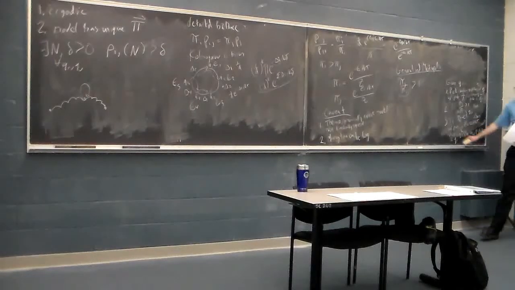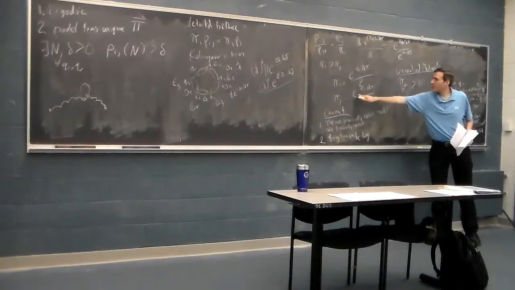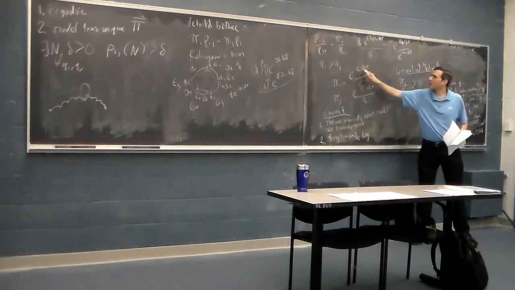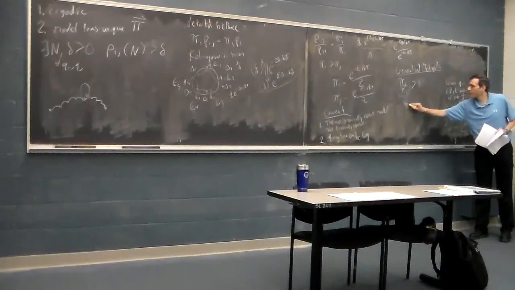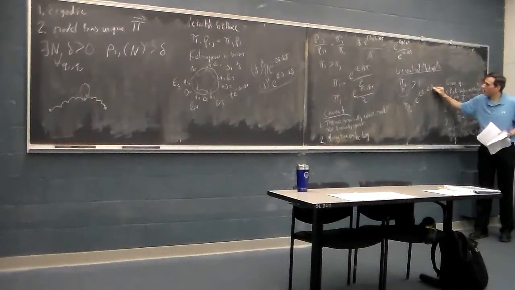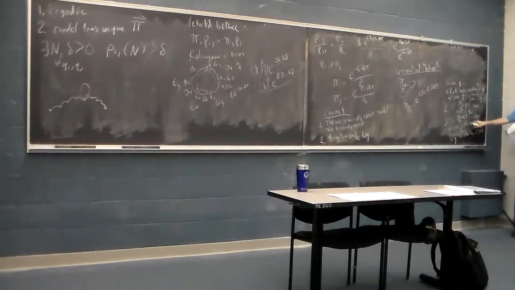Well, if we're given that pi j, I guess it's already written here, so if pi j is e to the minus Ej over kT divided by Z, and pi i is e to the minus Ei over kT divided by Z, then pi j over pi i is equal to e to the minus (Ej minus Ei) over kT, and then the Z's will cancel out. So in other words, this thing here is pi j over pi i.